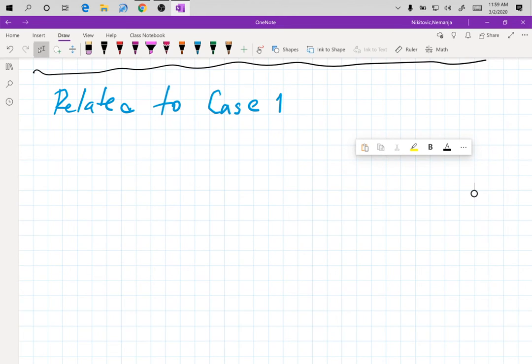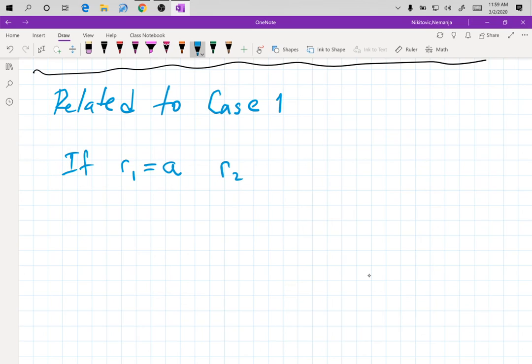If R1 equals A and R2 equals -A, then your solution y1 is e to the AT and y2 is e to the -AT.